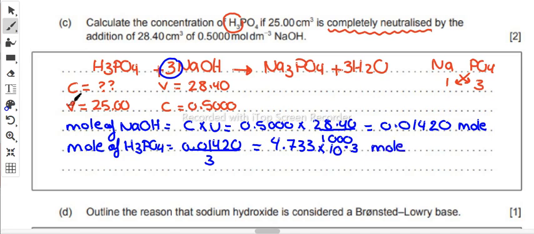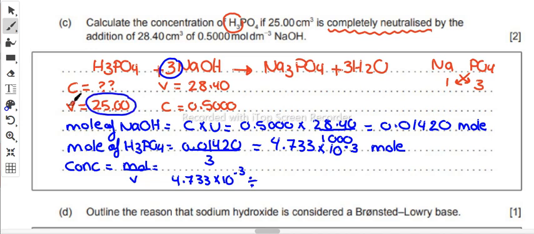Now the last step is to find the concentration, which is mole divided over the volume. So we're going to substitute. I will take my mole number, which is 4.733 times 10 to the power of negative 3, and divide it over the volume. You need to remember that the volume should be divided over 1000, so it is divided over 0.0250.